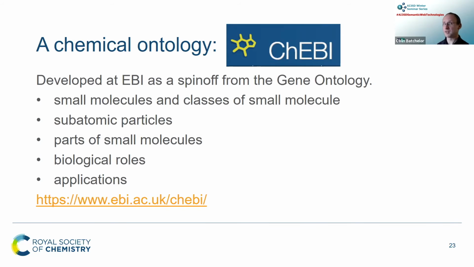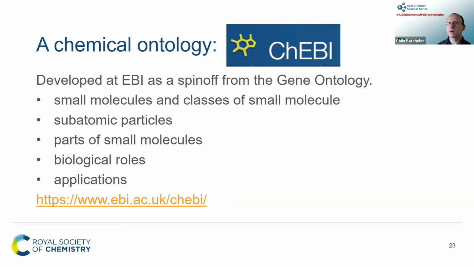It gives InChIs and SMILES for them. It also very usefully gives classes of small molecule. So things like if something is an ester, or if something is a substituted pyrazole or a substituted imidazole, all that sort of thing. It also mentions subatomic particles, less obviously relevant.